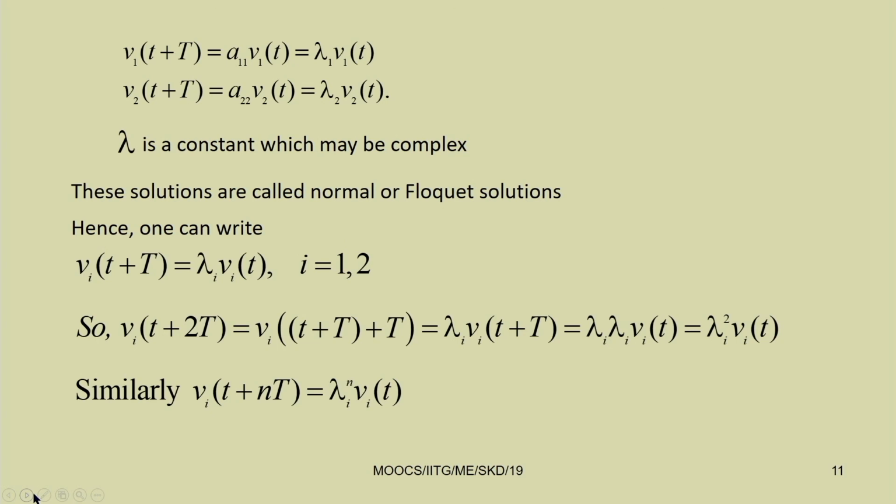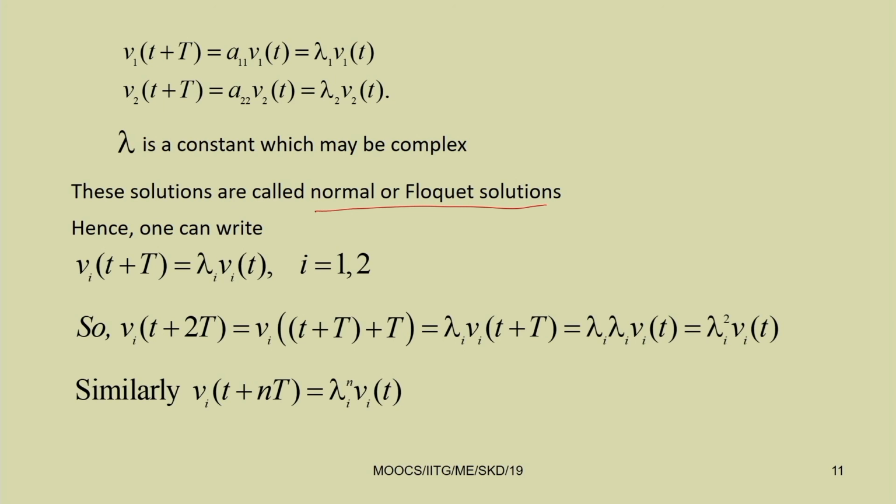These off diagonal terms are 0, and in that case V1(t+T) equal to lambda1 V1(t) and V2(t+T) equal to lambda2 V2(t). Here lambda is a constant which may be complex also. These solutions are known as the normal or Floquet solutions. The set of solutions for which the A matrix is diagonal are known as Floquet solutions or normal solutions.